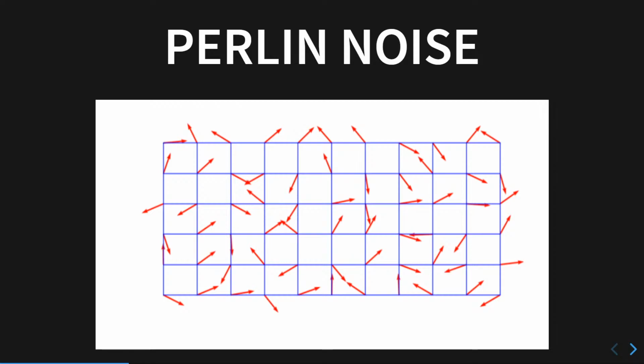That was his name. So how Perlin noise is created is you take a whole big grid, and at each of the grid points you draw an arrow in a random direction.